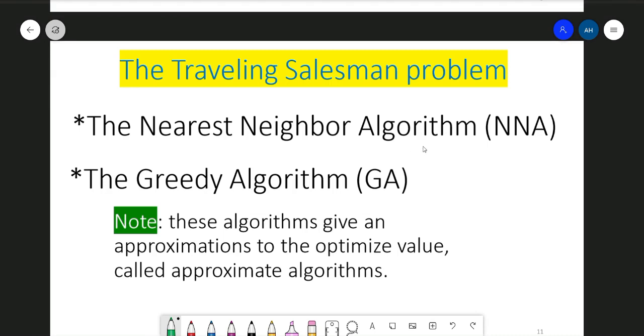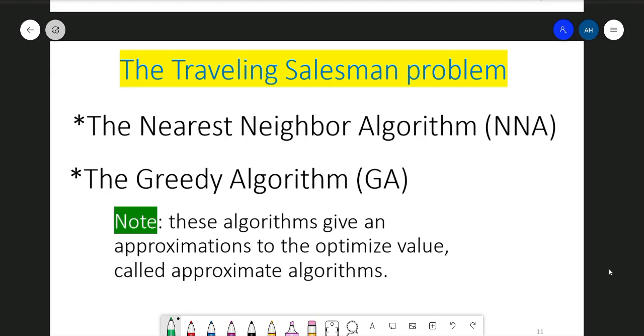By using either of these algorithms, it's just an approximation to the optimized value, not exactly the minimum value, but close to it. And sometimes when we are lucky, we get the minimum value, because we are looking for the minimum distance, for example if we consider the distance between cities, or minimum cost if we consider the cost of the travels.